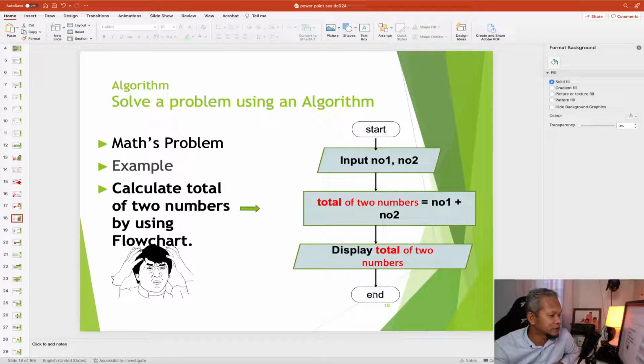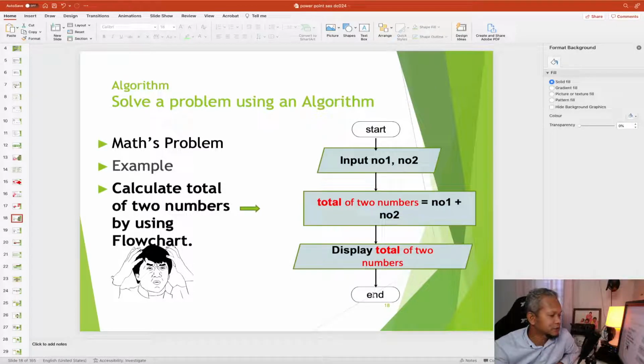Number 1, number 2, and total. So you need to use the exact word here. Total using all small capital letters. Okay, right.